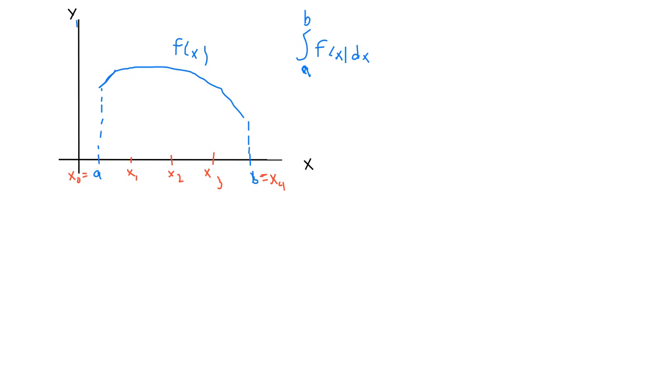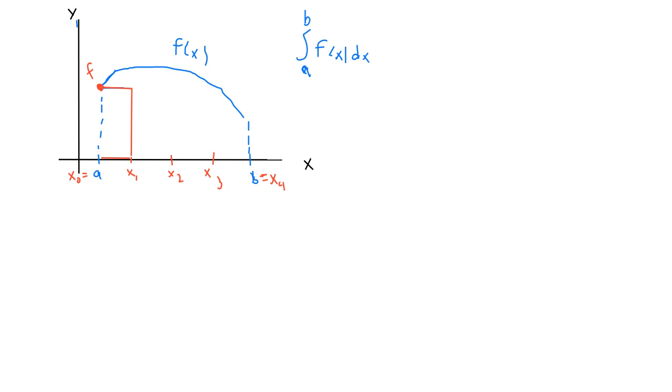Now we're going to put some rectangles in here. I'm going to draw a rectangle right here, and maybe I'll put it in red. There's a rectangle. The rectangle goes from x sub 0 to x sub 1. And here's the height of the rectangle.